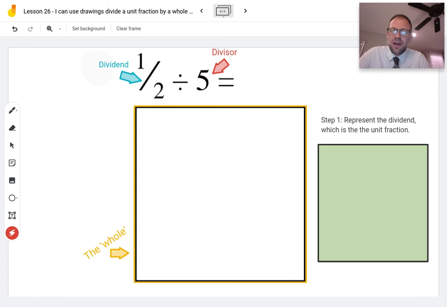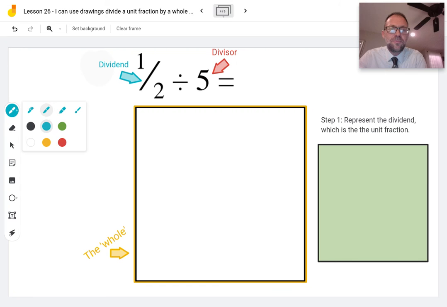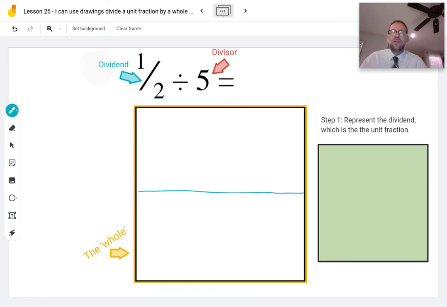Represent the dividend, the whole square, and show me 1/2 of the square. Go ahead. All right. So did you cut the square in half horizontally like that? And then shade in 1/2 like this? There we go.